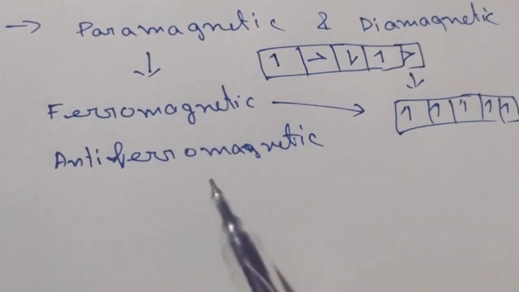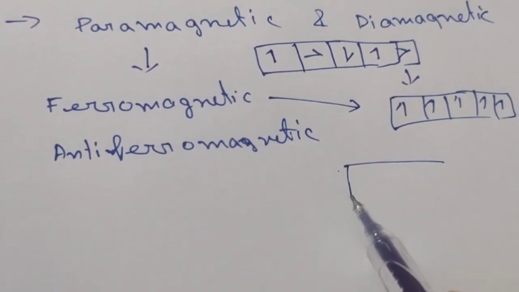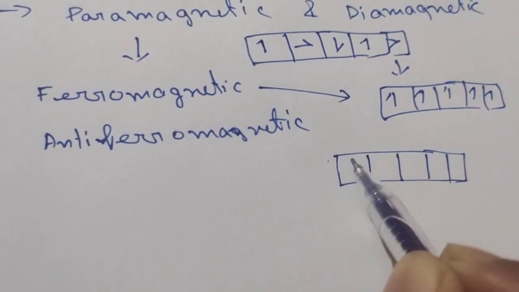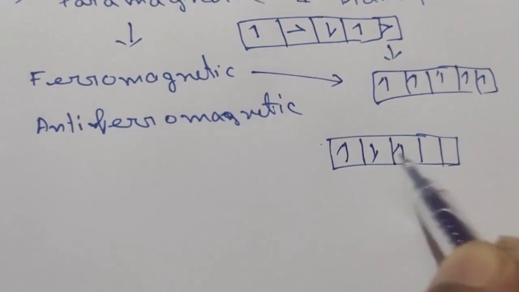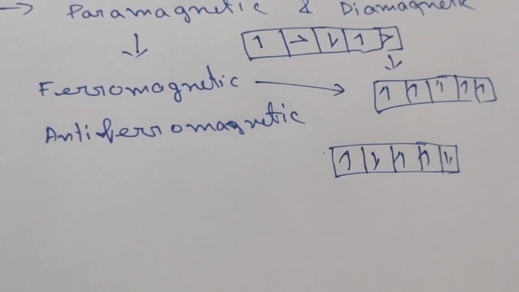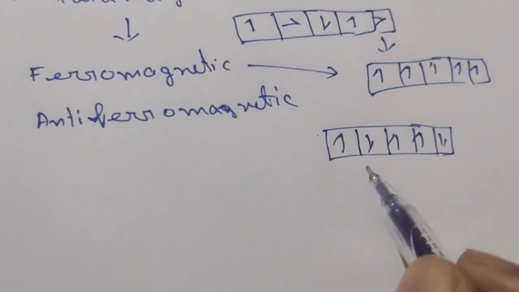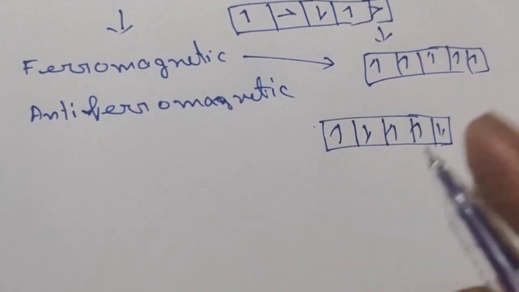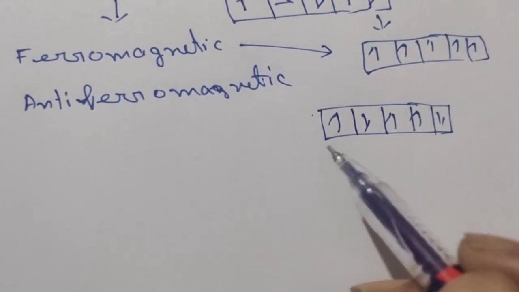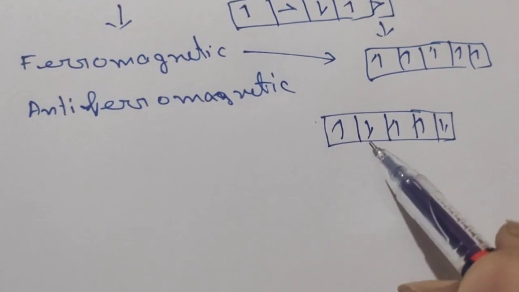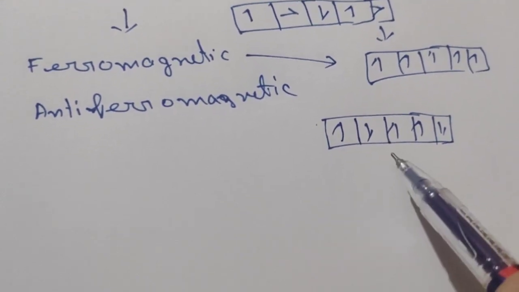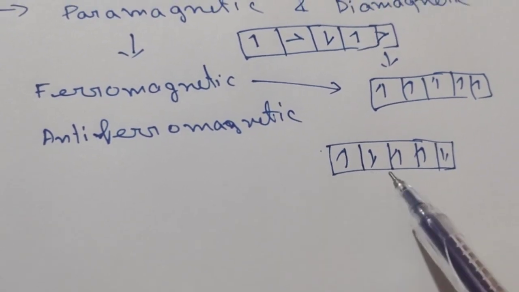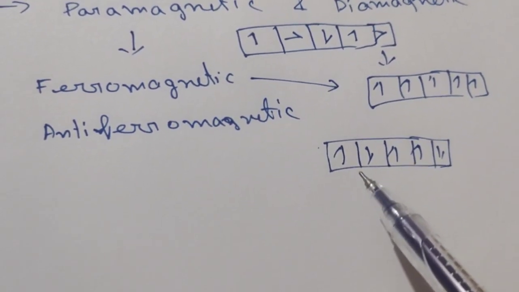And in case of antiferromagnetic compounds, they have orientation like this one. In general, one electron center and the neighboring electron center cancel the net magnetic moment of the compound. Thus it behaves opposite to ferromagnetic compounds.